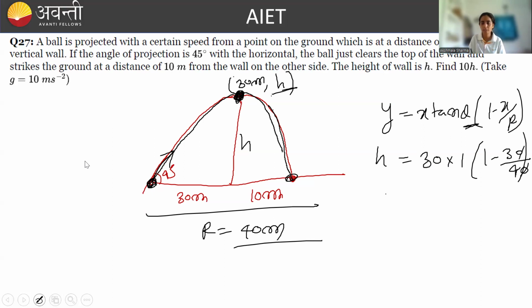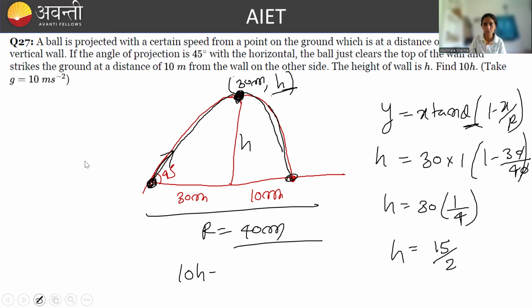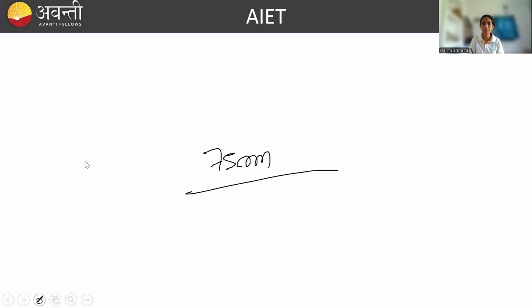So यहाँ से हमें h directly मिल जाएगा, 30 into 1 minus 3 by 4 is 1 by 4, ठीक है? So correct answer will be how much? 15 by 2. और हमें क्या निकालना है? 10h. So h का वैल्यू हमें ये आया, अगर 10h आप निकालोगे तो 10 into 15 by 2, so this is 75 meter, ठीक है? So correct answer will be 75 meter.